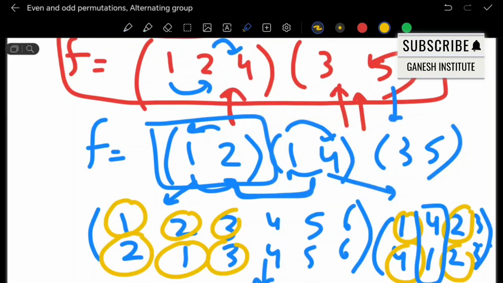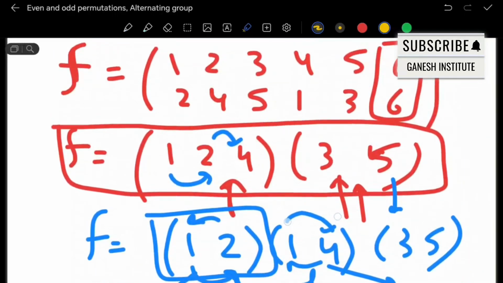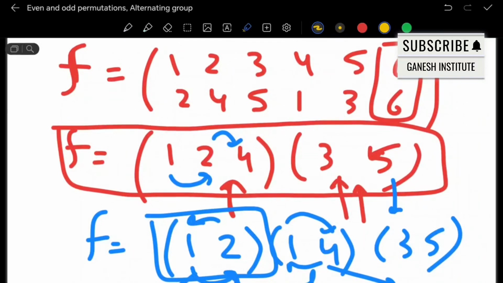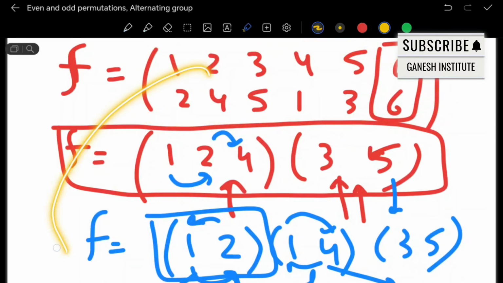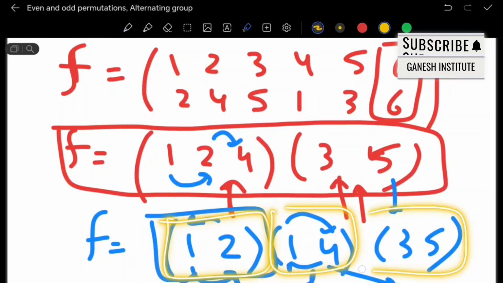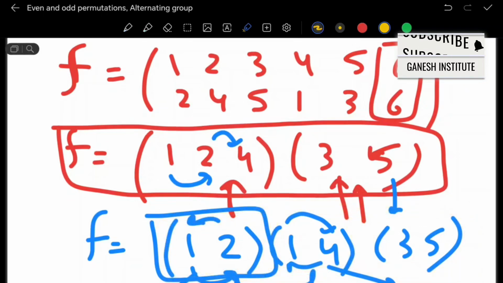Now, come back to the point, which is even and odd permutations. What do we mean by even permutations? Any permutation can be expressed as a product of transpositions, meaning cyclic permutations of length 2.